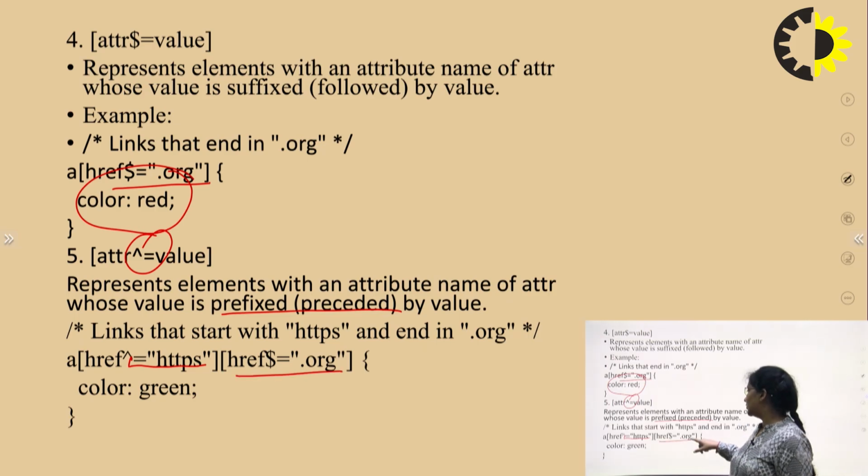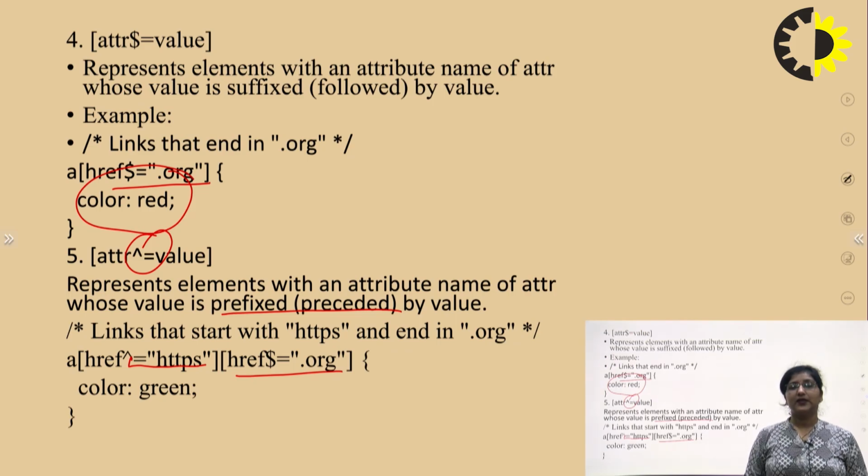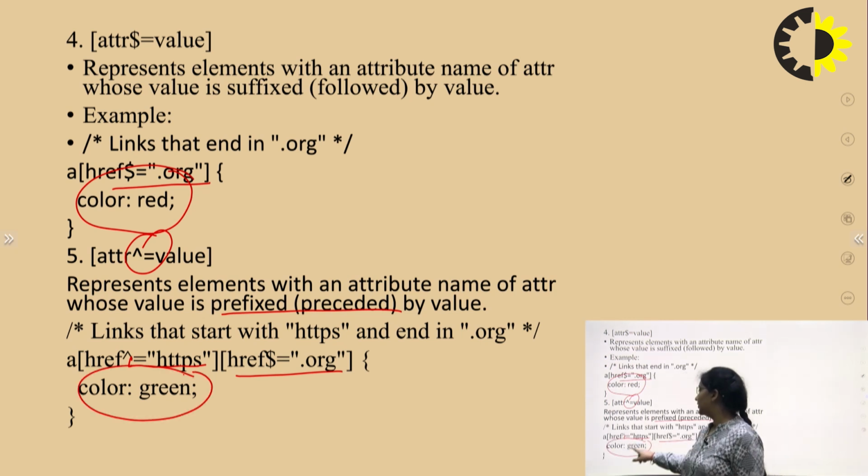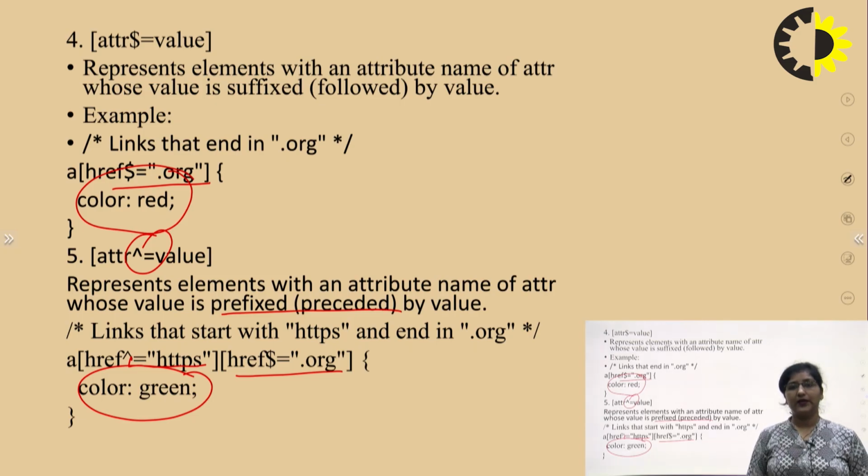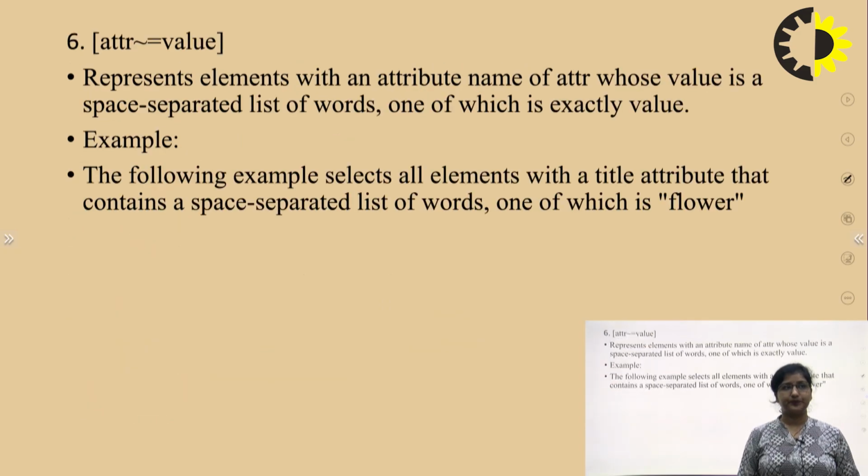And dollar is equal to .org means the suffix, or we can say the ending, must be .org. So any site which starts with HTTPS and ends with .org, the color will be green. So in this way, the attributes can be selected.